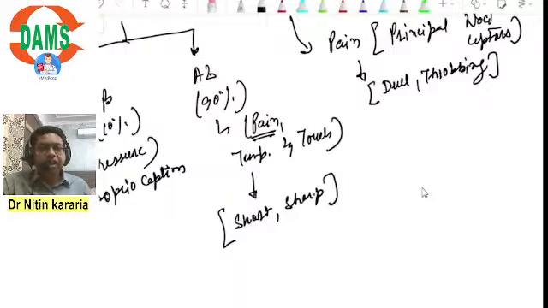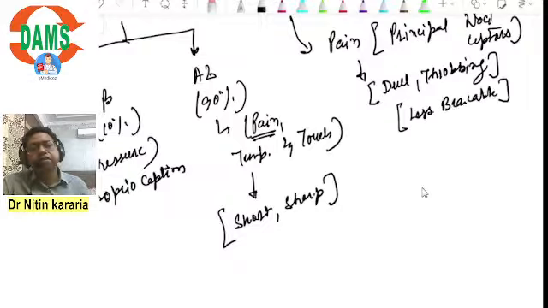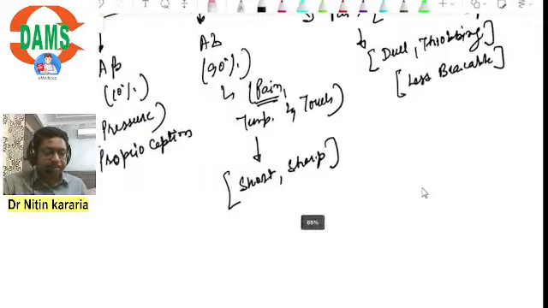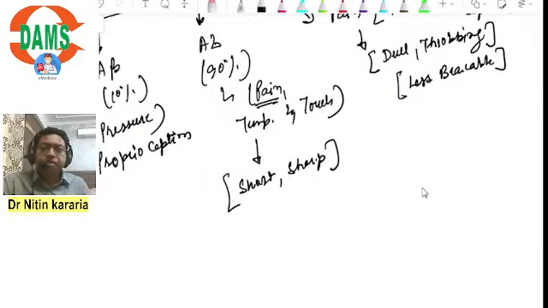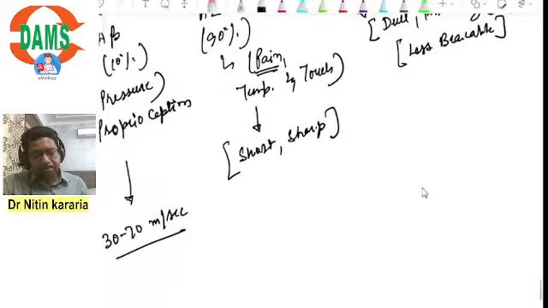A dull throbbing pain carried by C fibers is less bearable as compared to A delta fiber pain. Now these fibers, some are myelinated, some are non-myelinated, so they are fast and slow conducting. A beta fibers, which are proprioceptors, are very fast conducting. 30 to 70 meters per second is the conduction velocity for them. A delta nerve fibers, what is their conduction velocity?